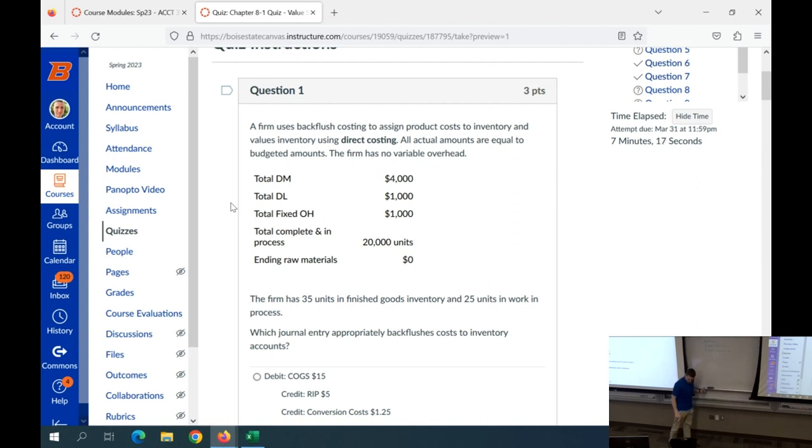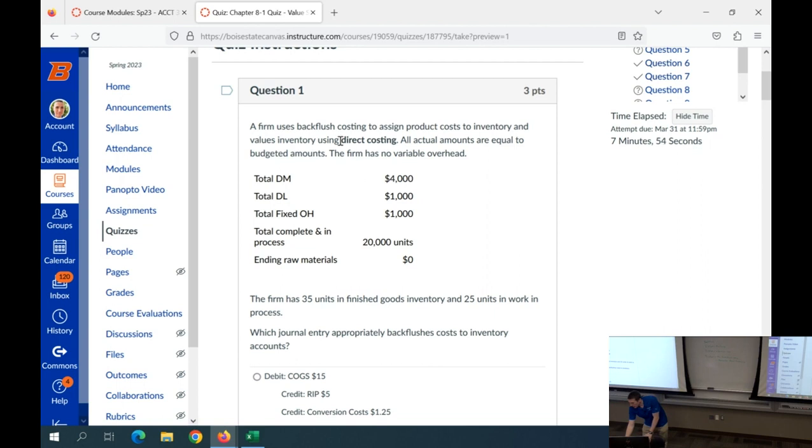And then we can answer, what is the backflush entry? With the note that when we do it, we have to remember the raw materials entry in the RIP account.